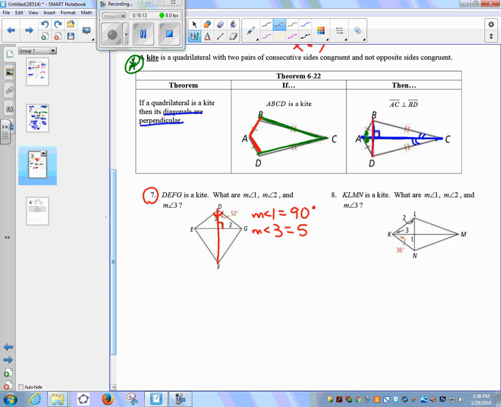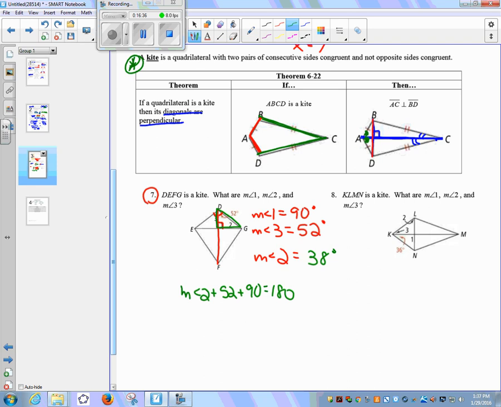So angle 3 is going to be 52 degrees as well. And then the measure of angle 2 we can find because it's part of this triangle. So measure of angle 2 plus 52 plus 90 should equal 180. And that's going to be 38 degrees.